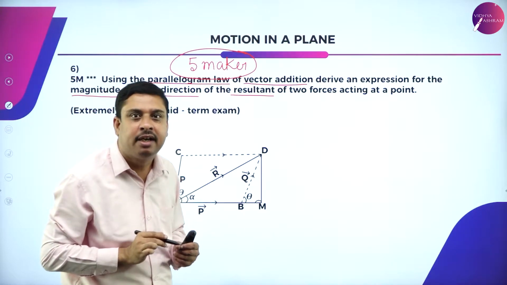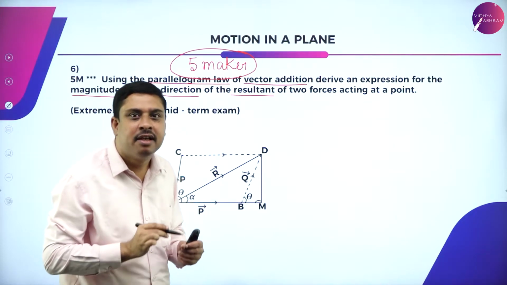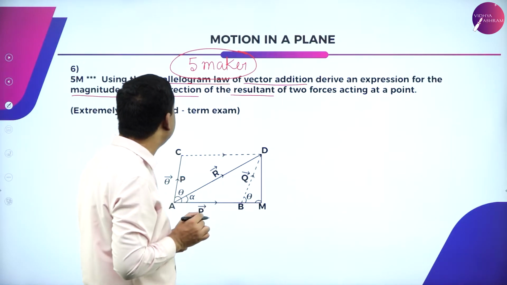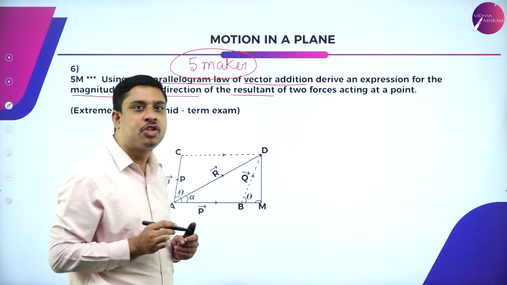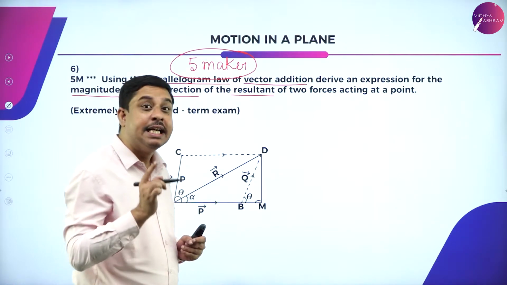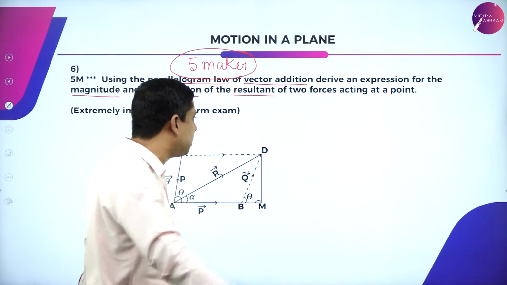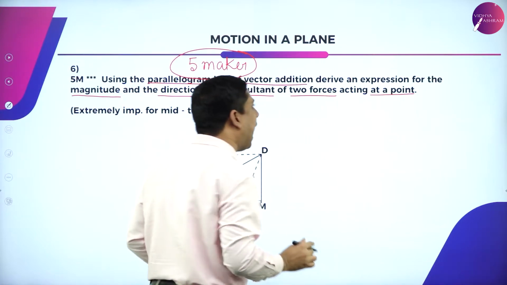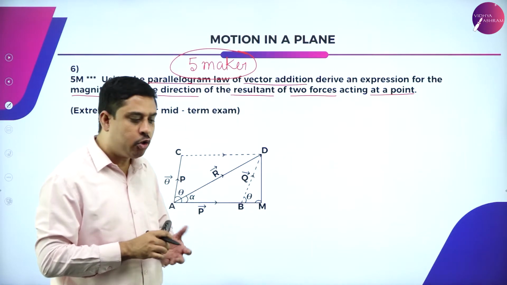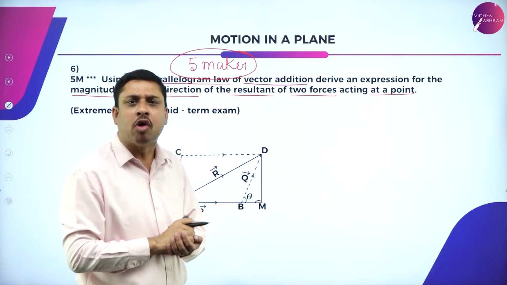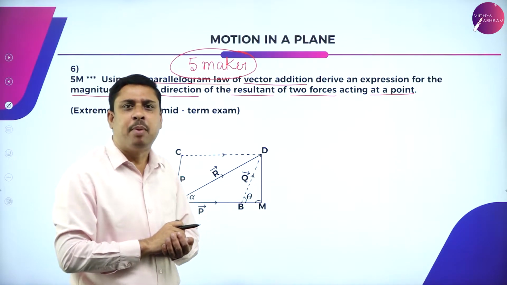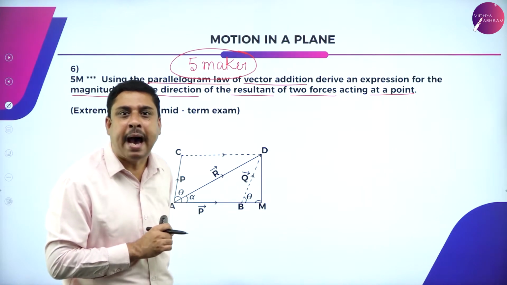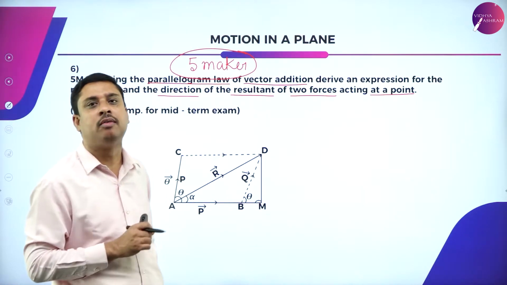Today's bookwork is to get the expression for the magnitude and direction of the resultant of the two forces acting at a point. Or you can say, this is also the basic implication of the parallelogram law.